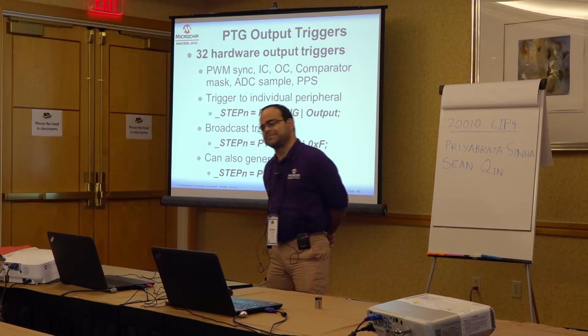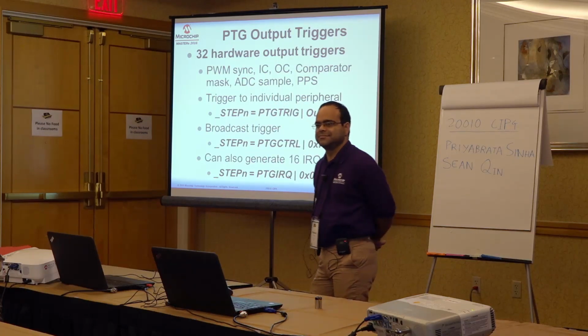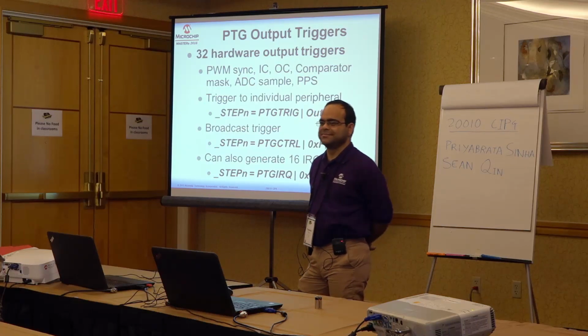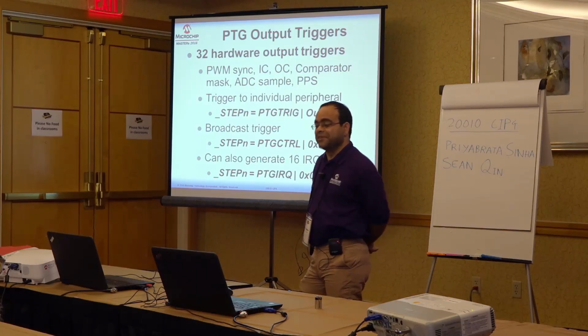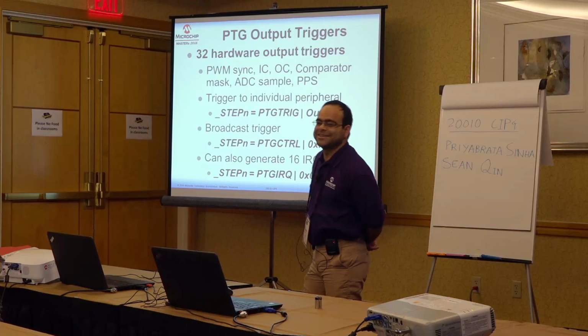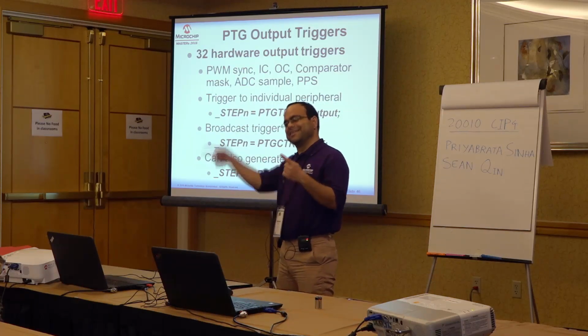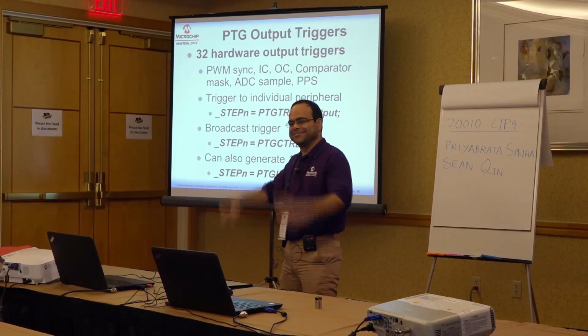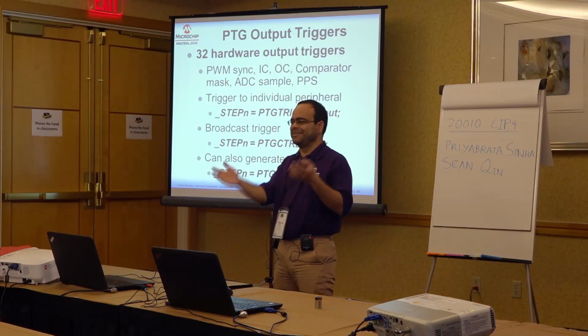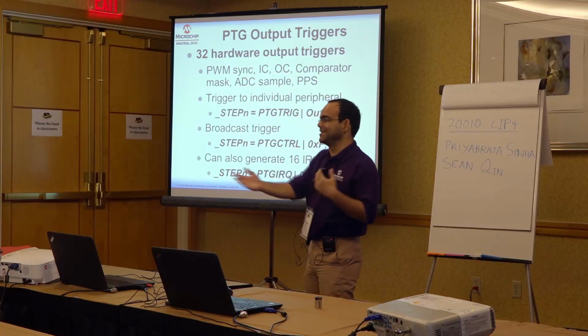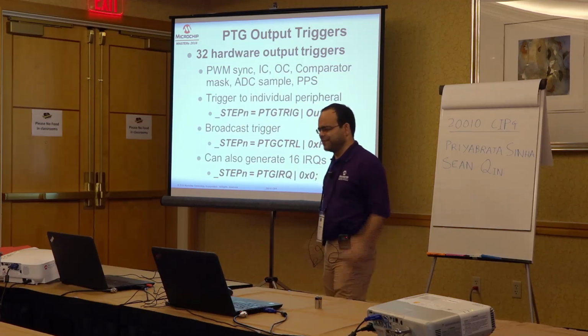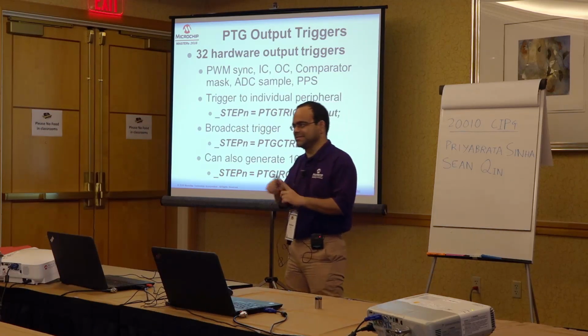So if we have multiple input signals, we can configure one input signal for one PTG. In fact, an interesting architectural enhancement would be for one PTG to be able to trigger the other PTG, so PTG would be available as a trigger source or trigger destination to the other PTG. But so far, I think all our devices have only one PTG each.